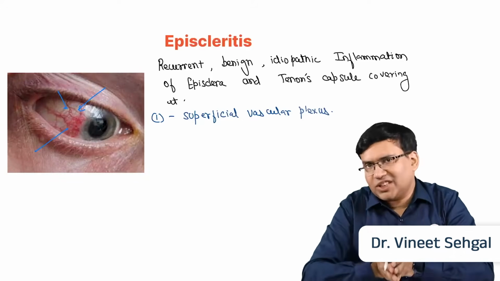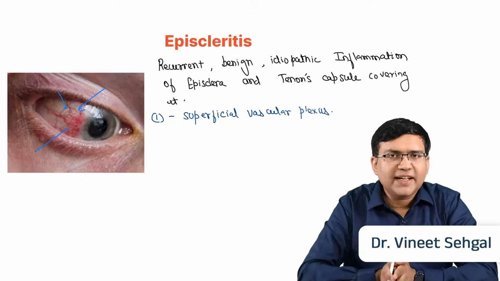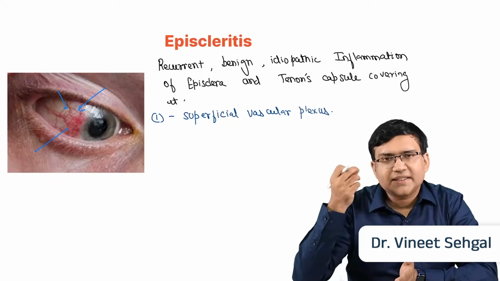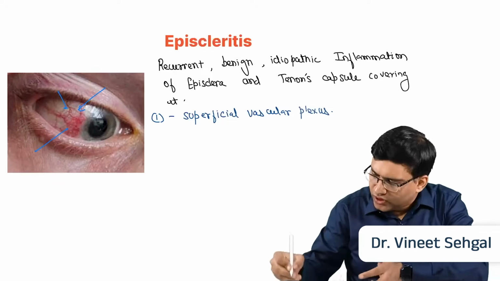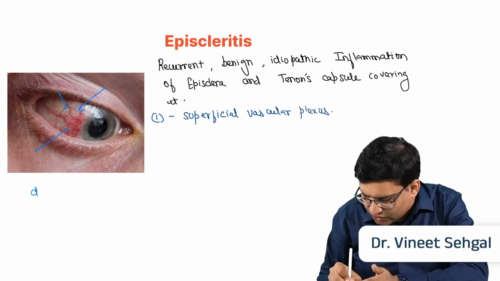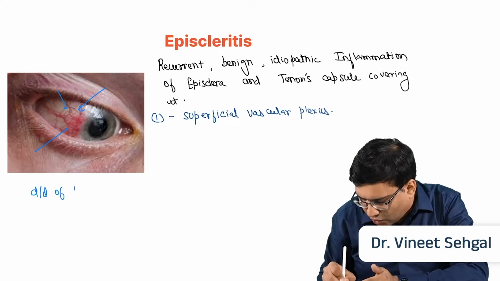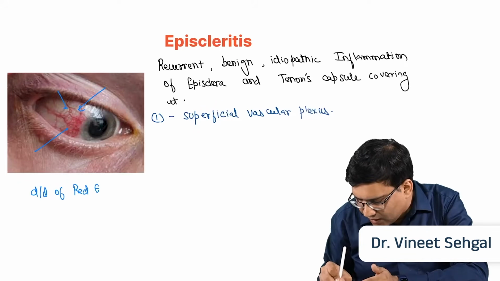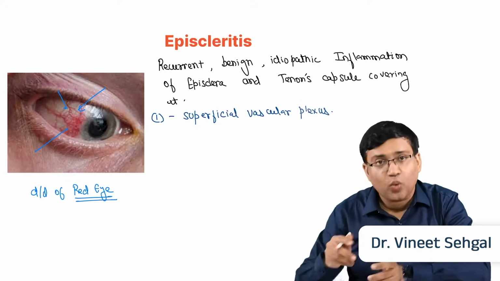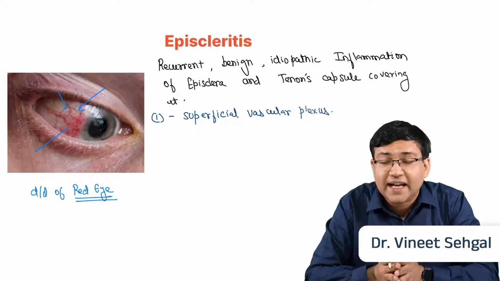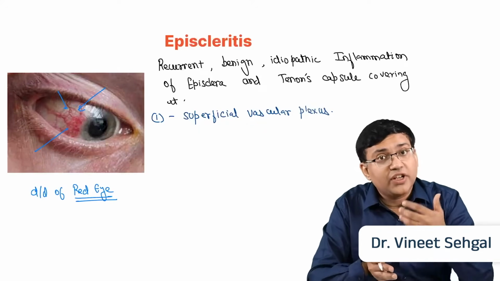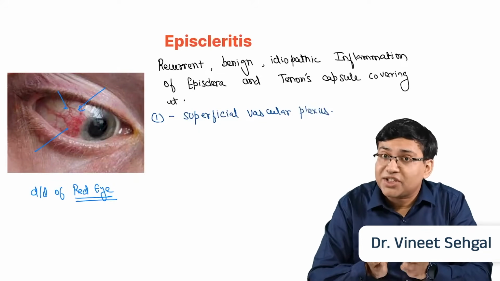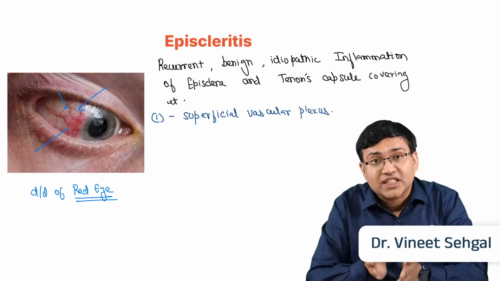So how would the patient come to your clinic? The patient would come and say, sir, I am getting this redness of the eye. So this is a differential diagnosis of red eye. What are the other conditions which can cause red eye? Like uveitis, even conjunctivitis, even keratoconjunctivitis.